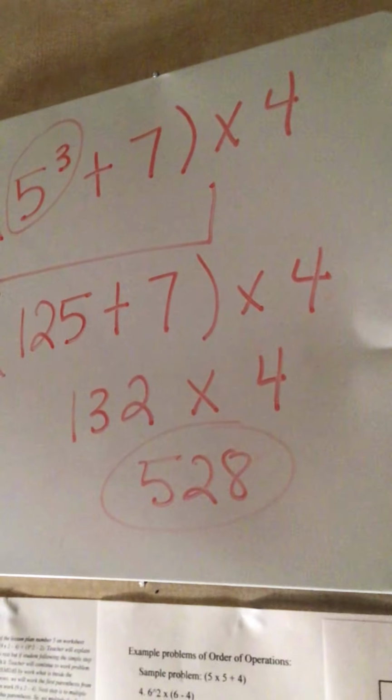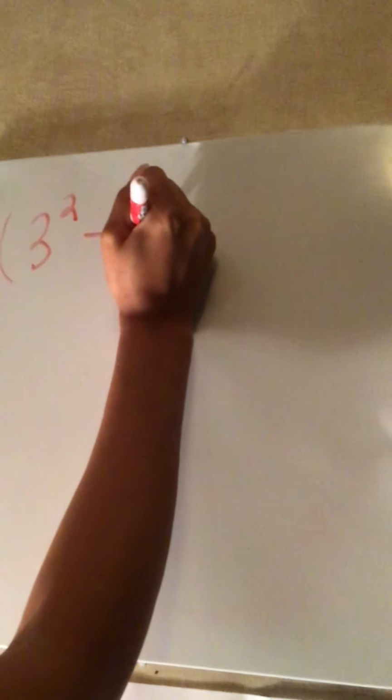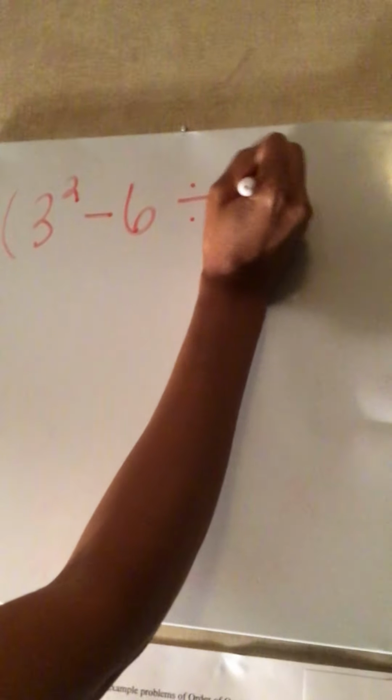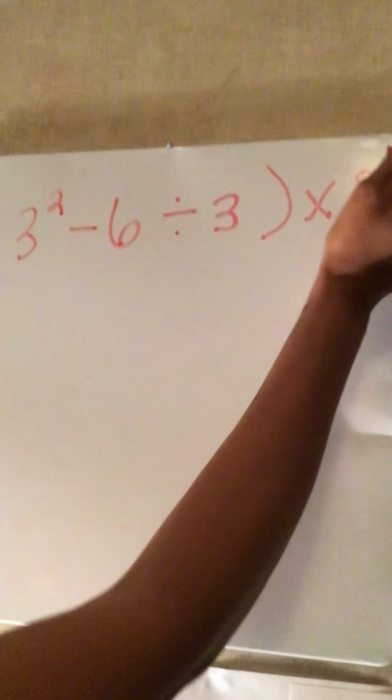And let's go to our next problem. Our next problem reads: open parentheses, 3 to the second power minus 6 divided by 3, close parentheses, times 8.